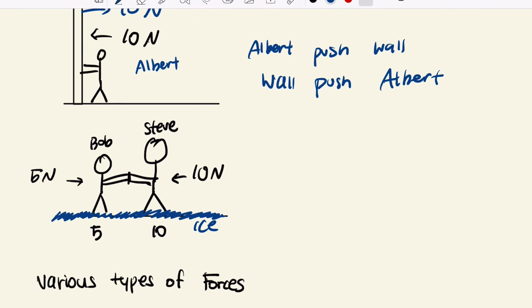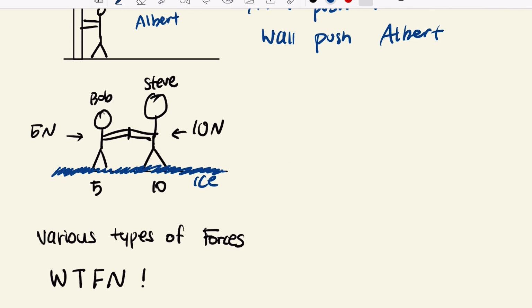So here, another example where Bob and Steve are pushing each other. Let's say they're on an ice rink and Bob and Steve push each other and go apart from each other. So here we're going to use the equation F net equals ma. For Bob, F net is 5, right? 5 towards the left because they're being pushed off, and Bob is pushing 5 newtons and Steve is pushing 10 newtons.